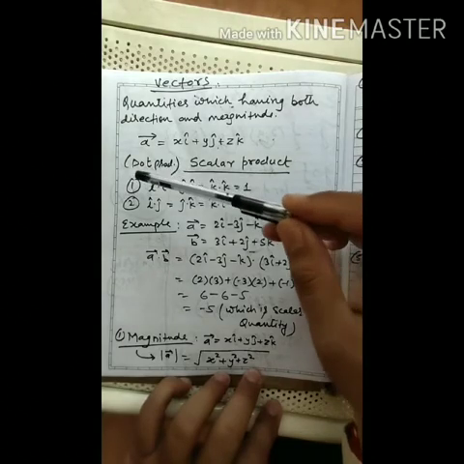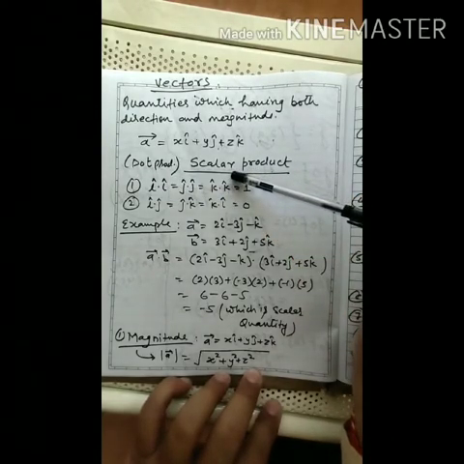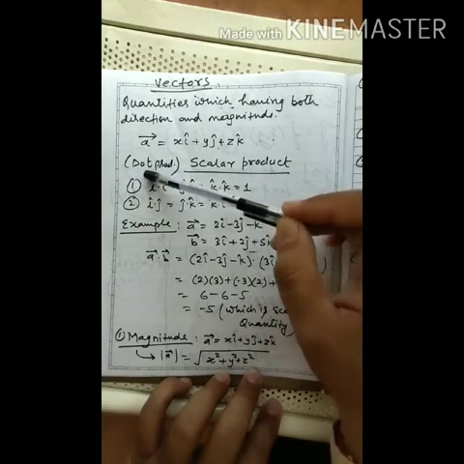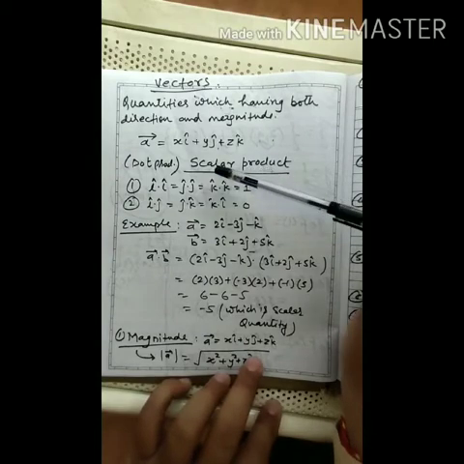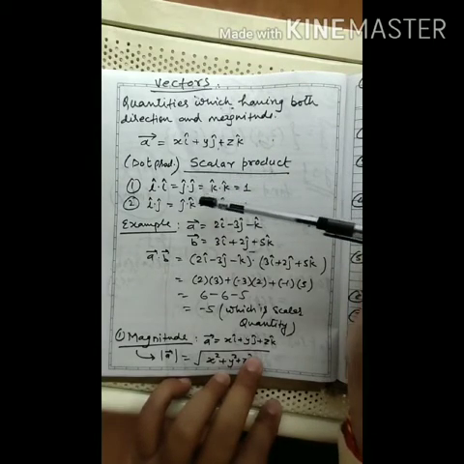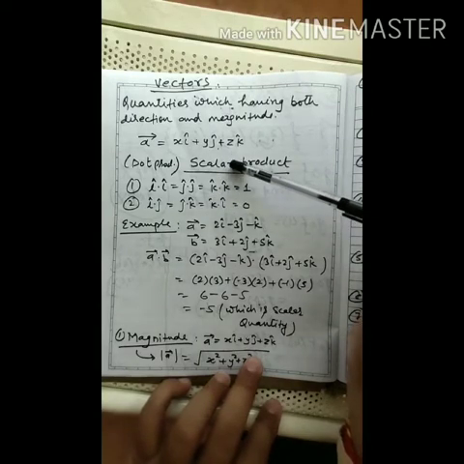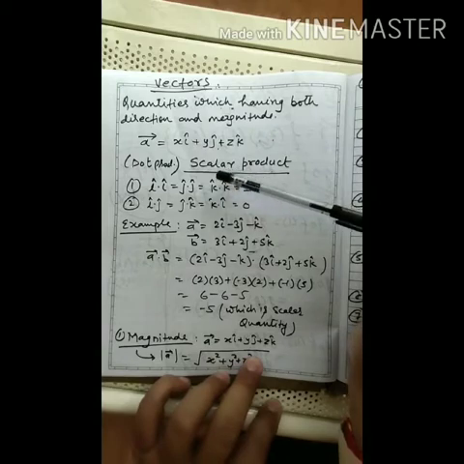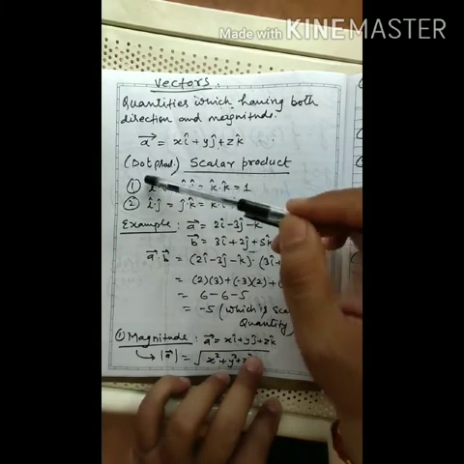Now first topic is scalar product. Scalar product, or we also call it dot product. Why do we call it scalar product? Because after the product we will get a scalar quantity. That's why it is known as scalar product, and it is represented by a dot sign, so we call it dot product.